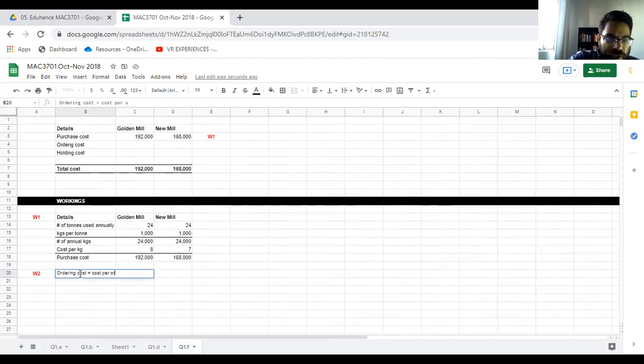Cost per order multiplied by number of orders. Just so you can know, number of orders would equal total quantity divided by quantity per order.